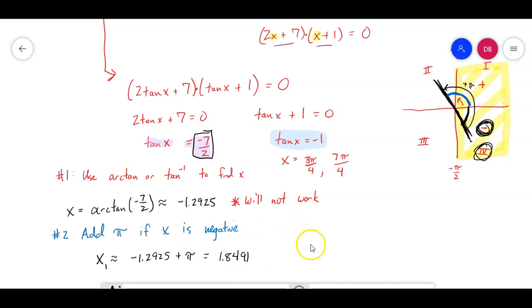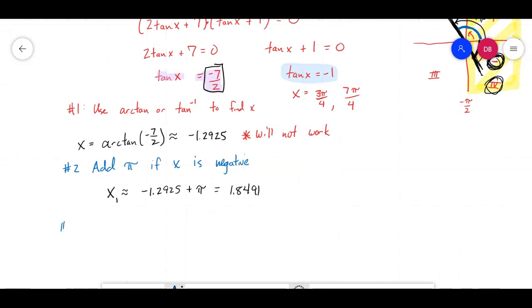The second number that's going to work: if x is positive, x is the first solution. So if this had been tangent x equals positive 7 halves, then just arctangent would give me the first solution, and then I would add pi to get the second solution.